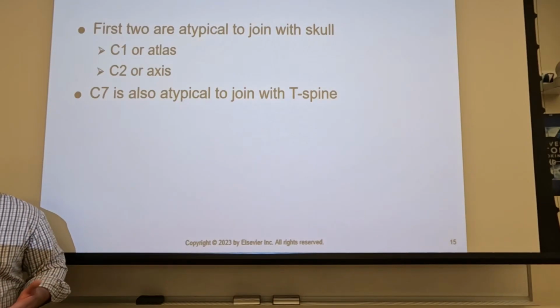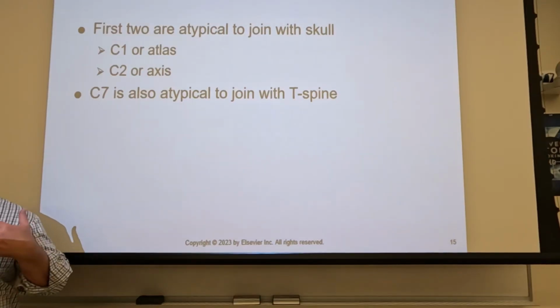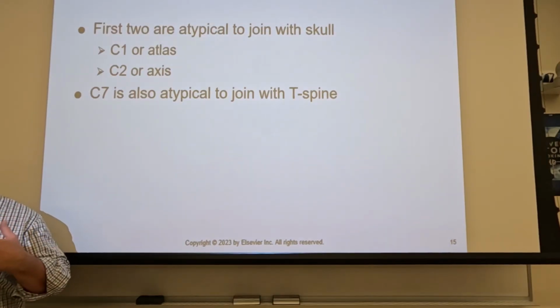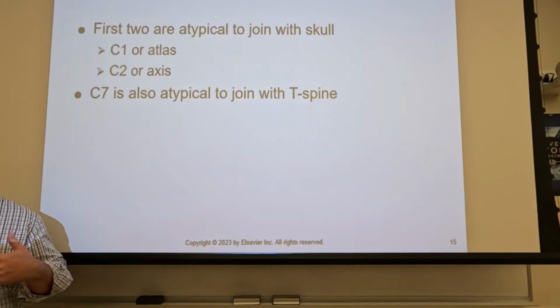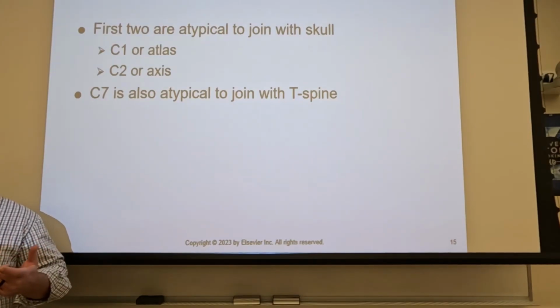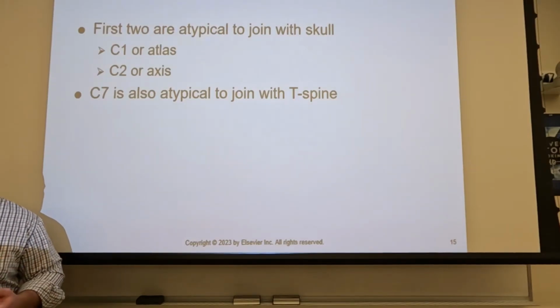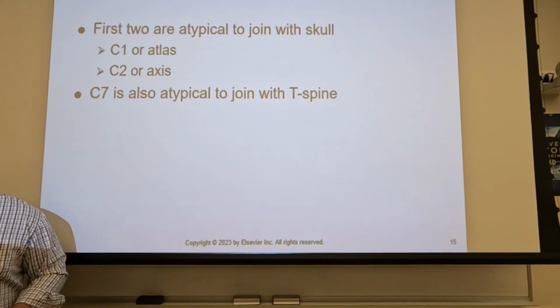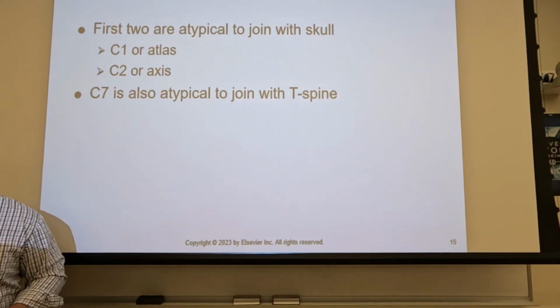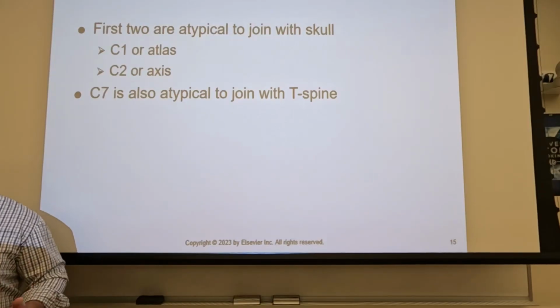So what you'll see is that C7 actually has ribs on it. They're not going to be full ribs, they're going to be what they refer to as rudimentary ribs, so they may be short. But the problem is that the C-spine's not set up to have ribs, right?